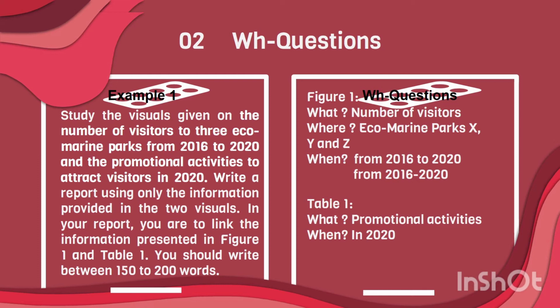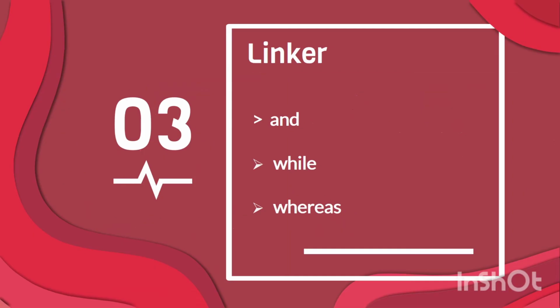Remember, when you do the linking, when you want to synthesize, you're going to synthesize from the 2020. Look at the data for 2020, you link the promotional activities in 2020 only. This is when you are required to write a synthesis. Move on.